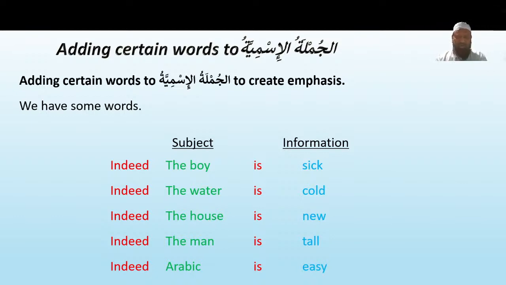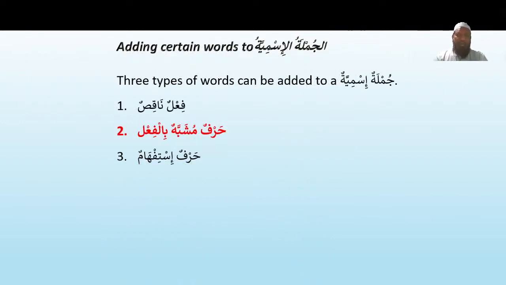Indeed, the water is cold. Indeed, the house is new. Indeed, the man is tall. Indeed, Arabic is easy. So we're going to learn how to make jumla ismiya emphatic in Arabic. We said we're going to talk about three types of words that can be added to jumla ismiya.